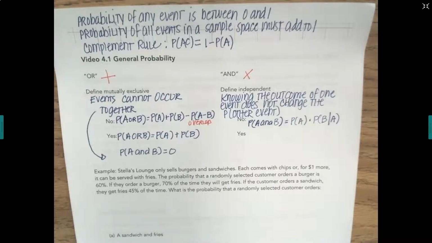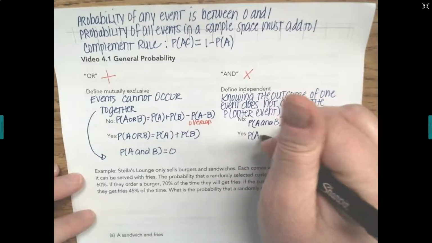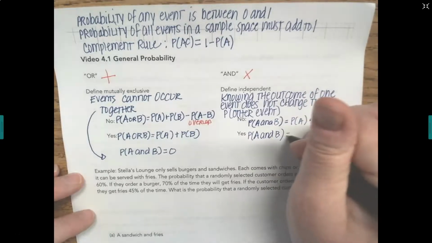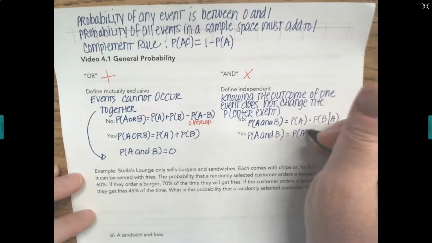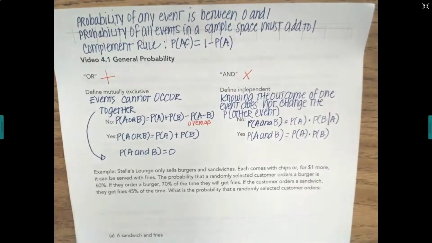If they are independent, knowing the outcome of one event doesn't change the probability of the other event, then the probability of A and B equals the probability of A times the probability of B. They'll be exactly the same number.